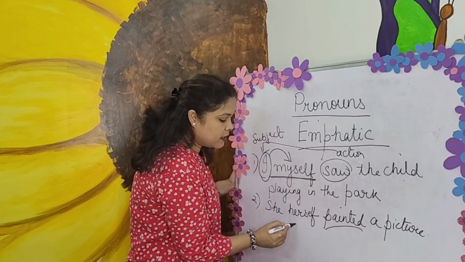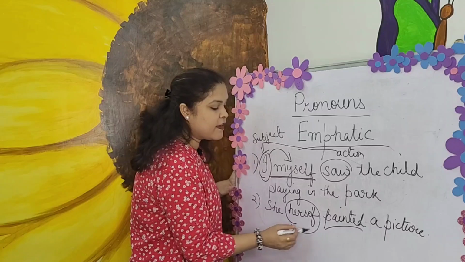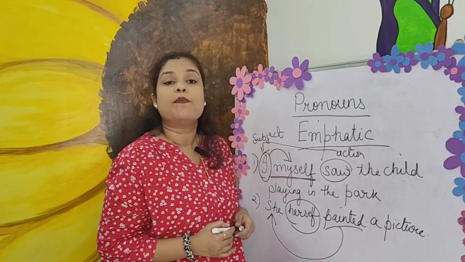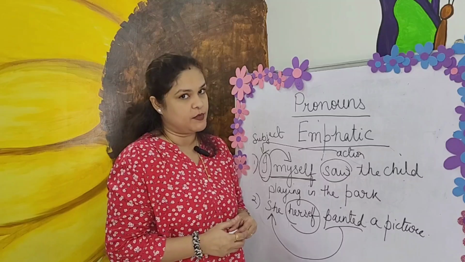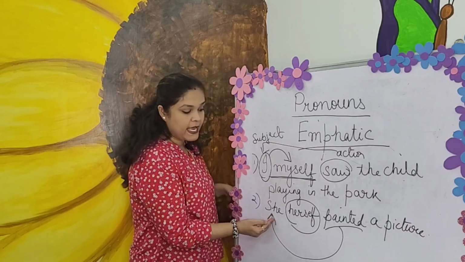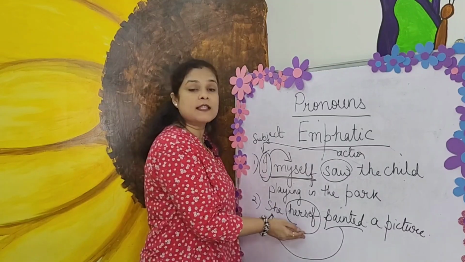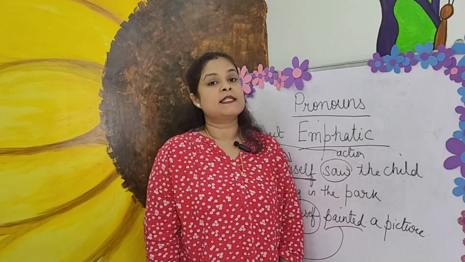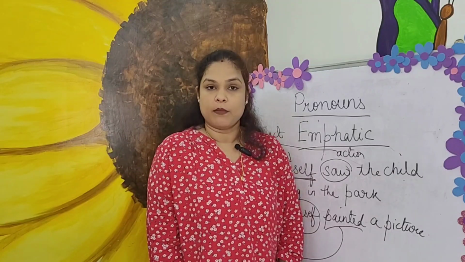So here the pronoun herself is emphasizing the action which is being performed by the subject. Again, it is placed just after the subject. So emphatic pronouns are usually placed after the subject. Number one.